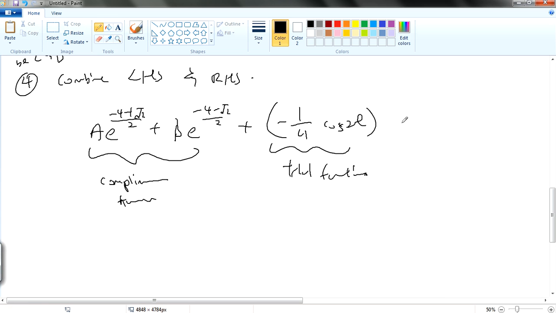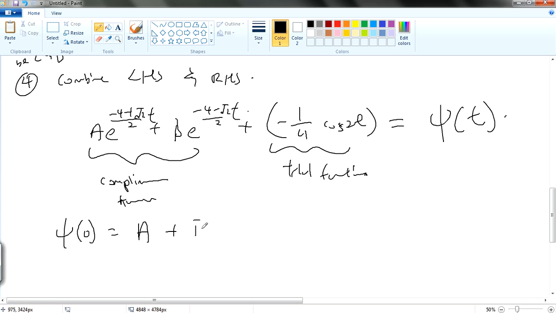So this is in fact x of t. So if you were to sub in t equals to 0, let's say x of 0, it will be equals to, yeah, this should be t also. Okay, so if you sub it in, it should be a plus b plus minus 1 over 11, because when you sub 0, cosine 0 is 1. And then you differentiate this whole thing again, and then you get some values.